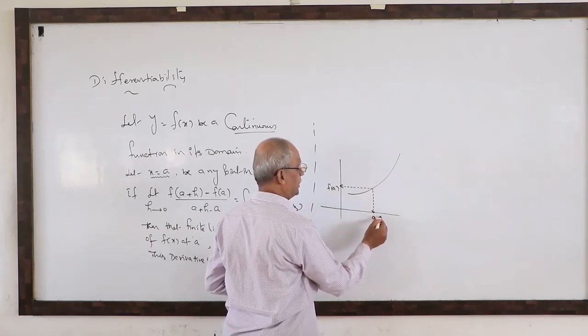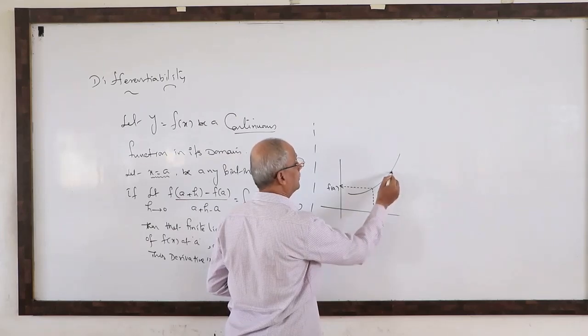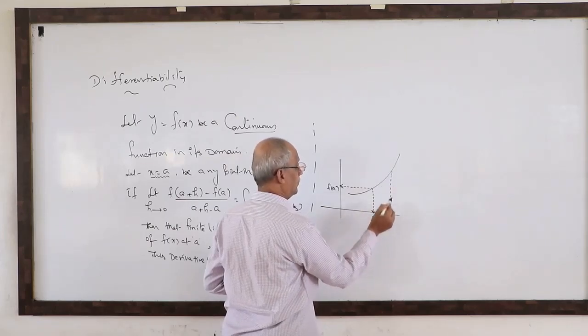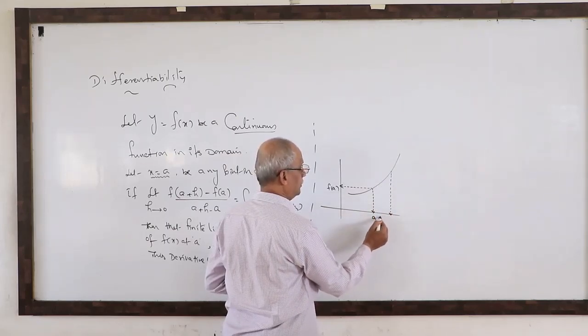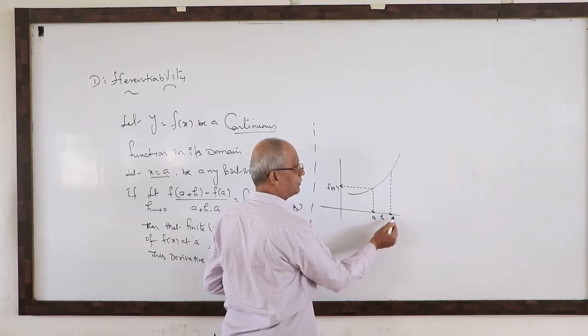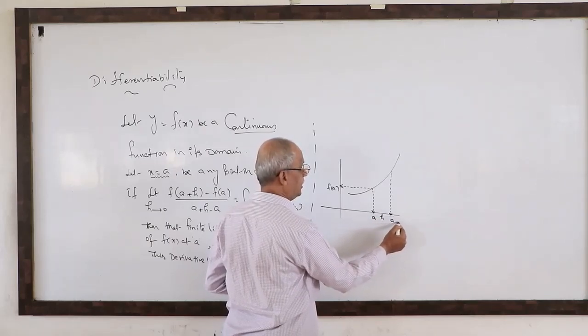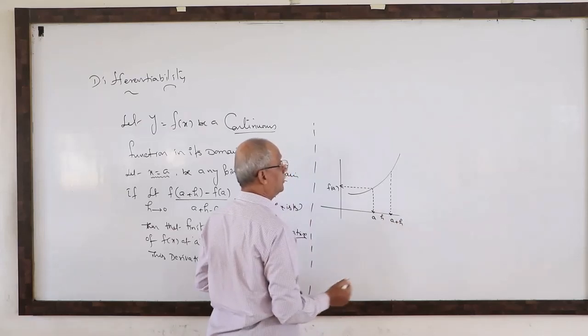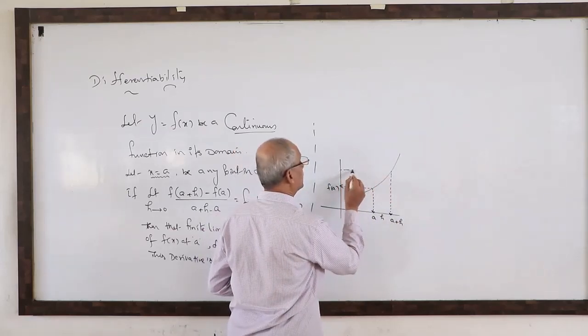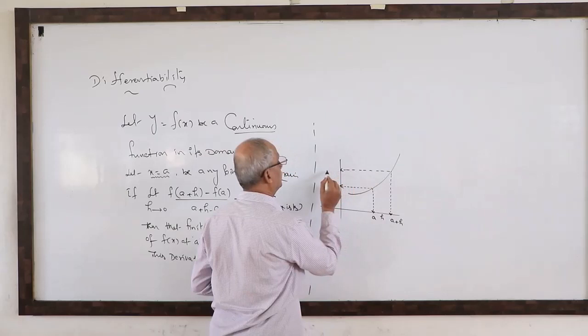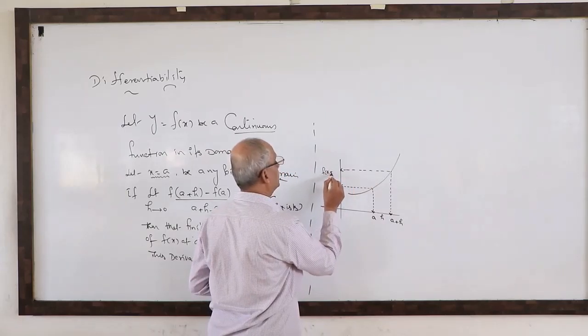Going a smallest negligible distance, h units are here. This is called h traveling right side. Then it becomes a plus h. Then what is the corresponding y coordinate? f of a plus h.